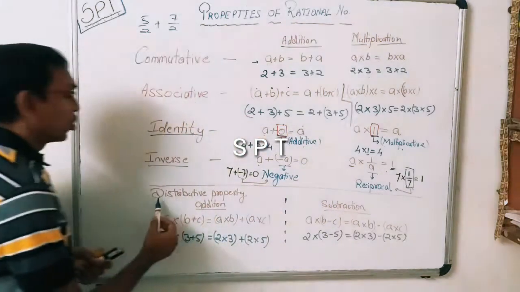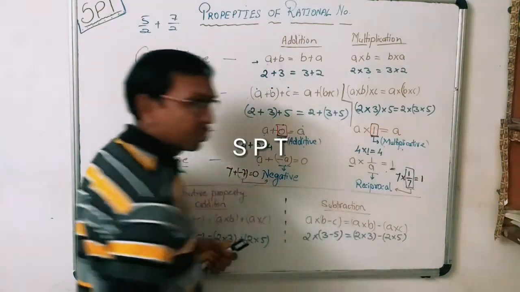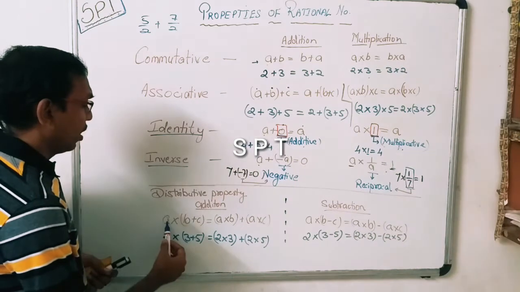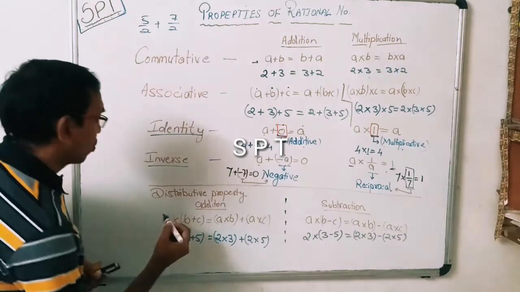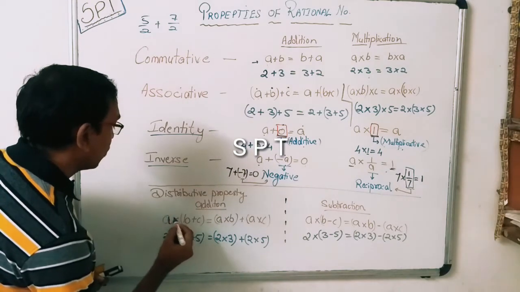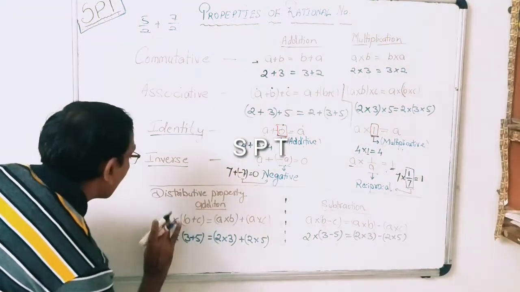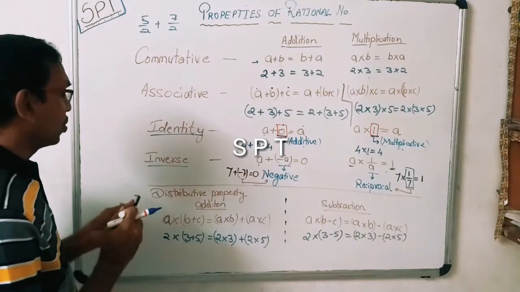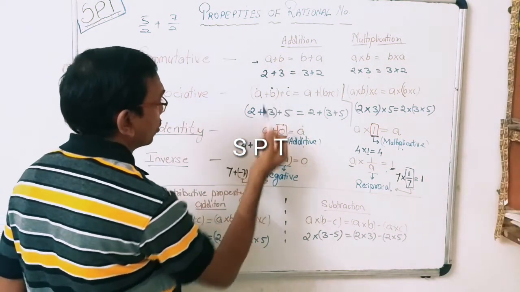Here the distributive property for addition and distributive property for subtraction. So again I am taking 3 rational numbers a, b and c, and you just notice over the sign. It is very important to notice the sign over here, as this is the only method we can differentiate. See over here, in associative property the two signs are addition.